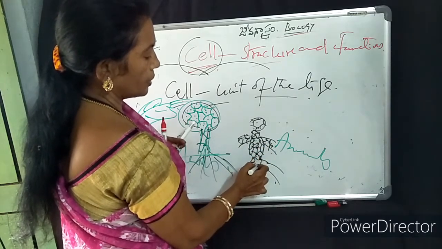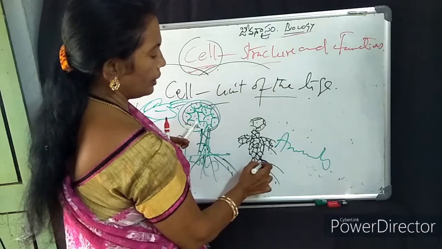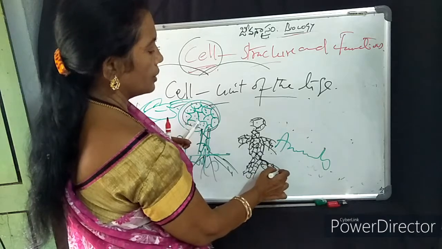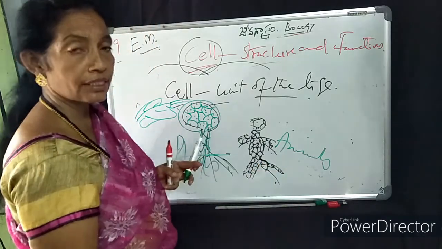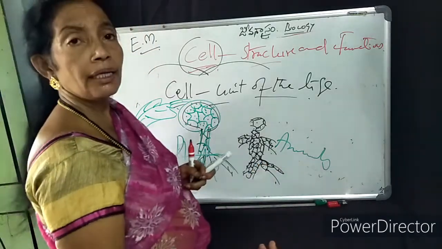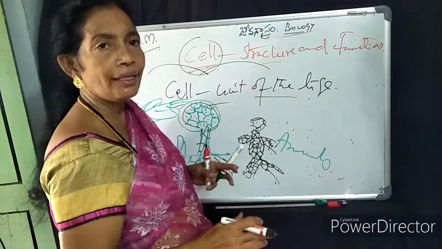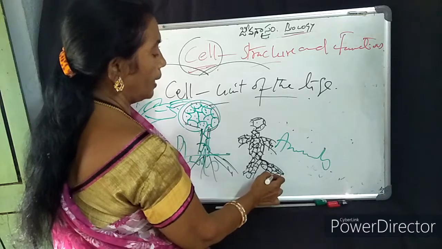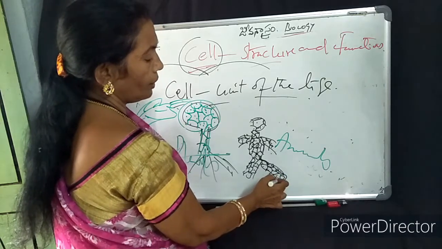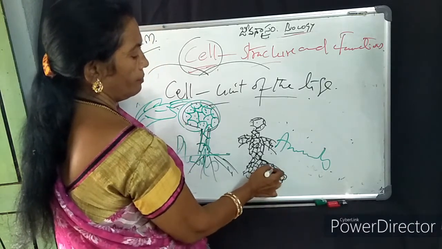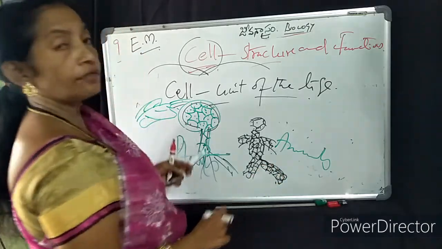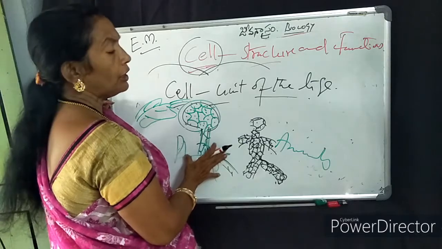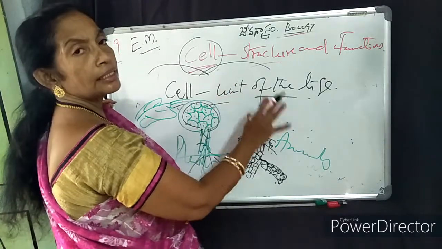Wherever you search in our body, everywhere we have cells: in our skin, in our eyes, the full body, heart, kidneys, everywhere we find cells only. Animal body and plant body are filled with cells.